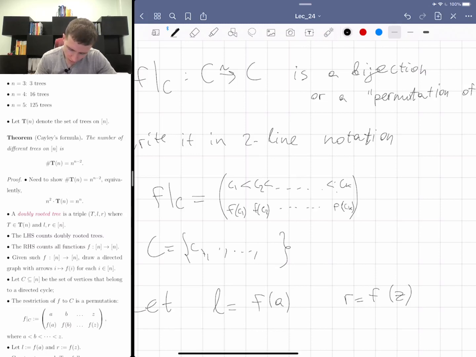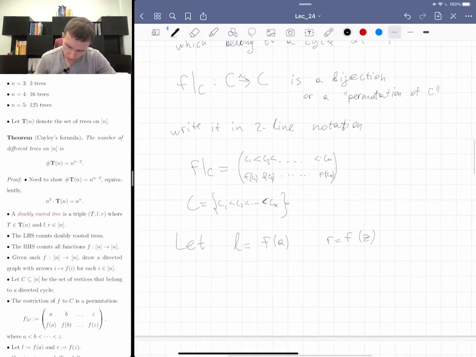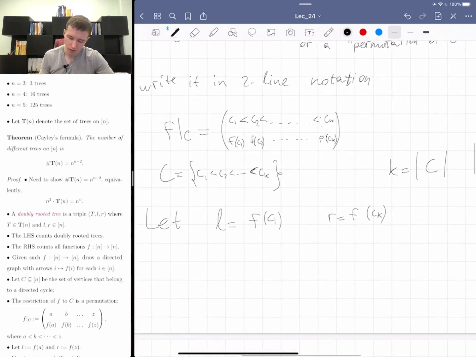I'm going to assume that C1 is less than C2, less than etc., less than CK. So in this case, L is f of C1 and R is f of CK, where K is the size of C. Okay, so far, out of my triple T, L, R, I already know L and I know R.